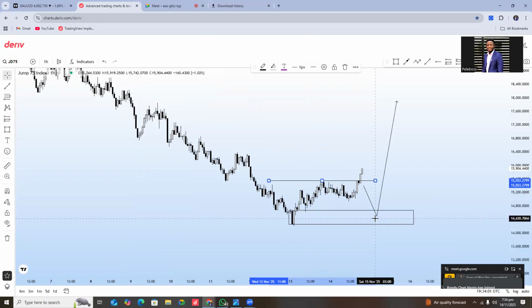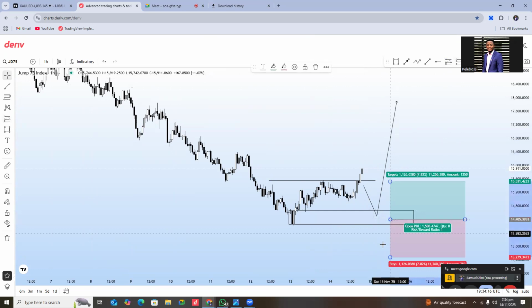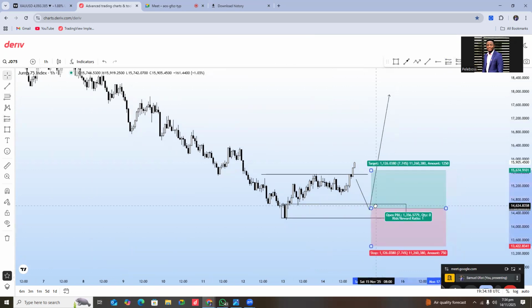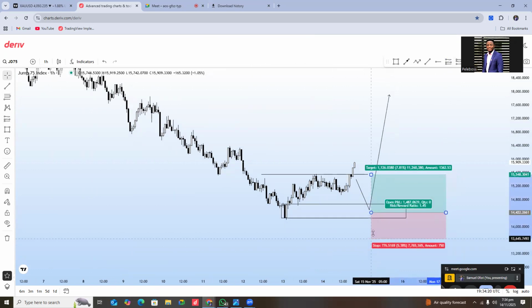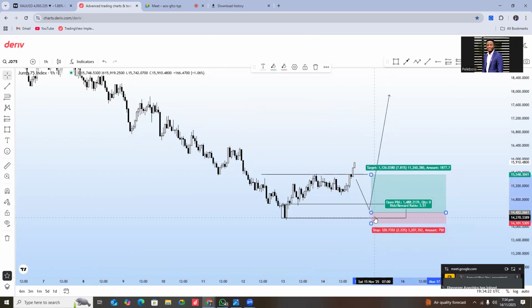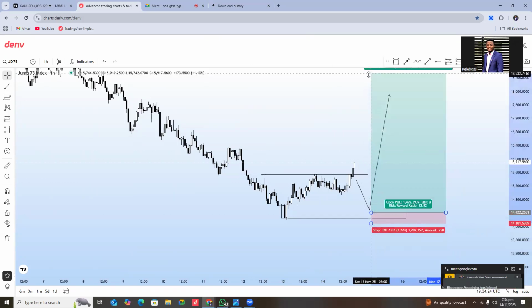That doesn't mean it is the only entry on the chart. That's one thing you should pay attention to. But this will be the ideal place to enter, because if you are to enter here, your stop loss will be a little below the block with your TP all the way up there.